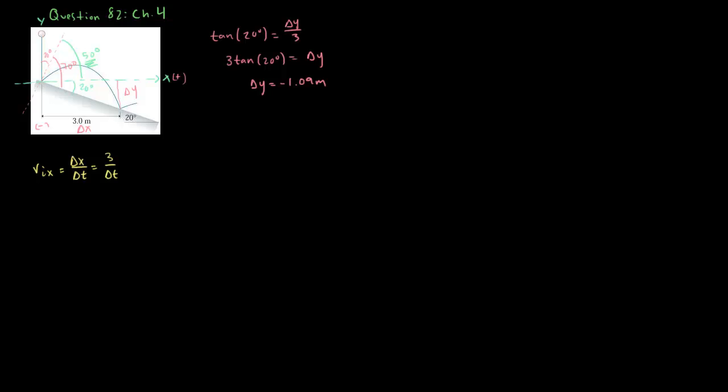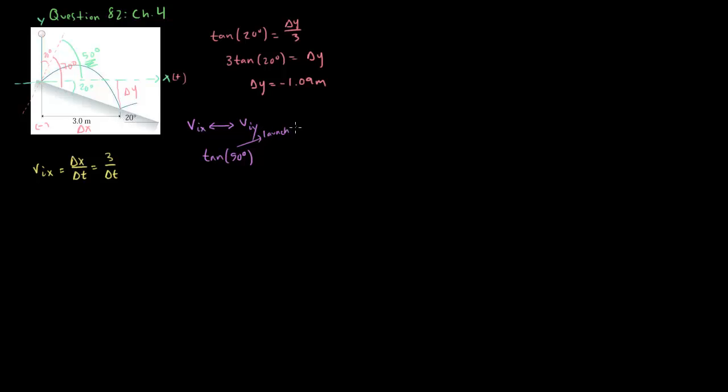But what I'm going to do is set up a relationship between the velocity initial x and velocity initial y. I'm going to say tangent of 50 degrees, and remember, it's 50 because that's the launch angle.